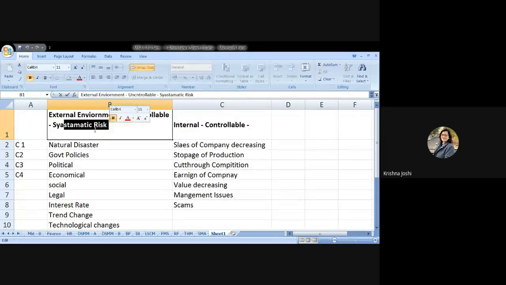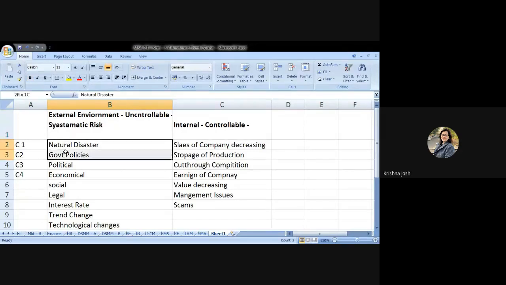This risk, or this, I am investing today, even though the situation is so bad, and I'm expecting that there will be nothing worse than this. No, it's not possible. In the next 10 minutes an earthquake can come here, and we do not know, right? So this is a systematic risk, but that risk has to be borne by everybody in the stock market, every investor, whether you are investing into bonds, debentures, or the share market, or the money market.